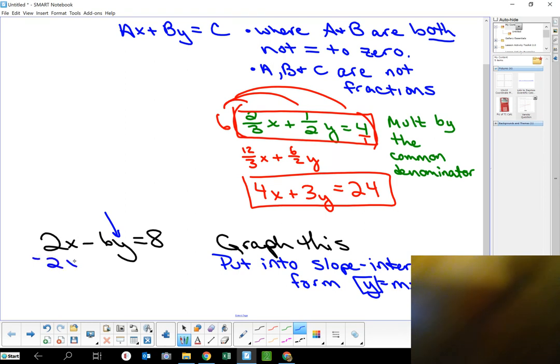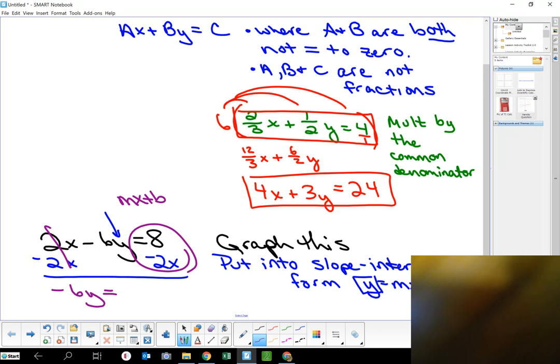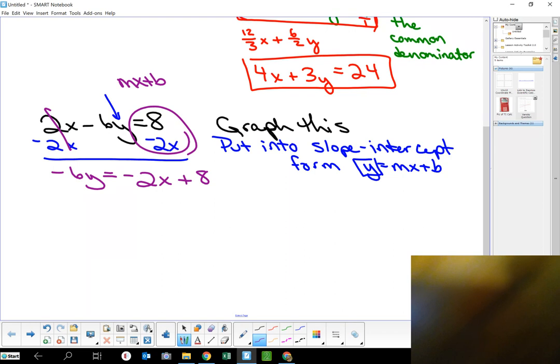So we're going to subtract off 2x, subtract off 2x. That's going to leave me with a negative 6y. These are going to cancel, right? These are not like terms, and I'll put it in mx plus b form. So the negative 2x first, plus 8. And now I want to get rid of the negative 6 on this y, so I'm going to divide everything by negative 6, and make sure that you reduce.